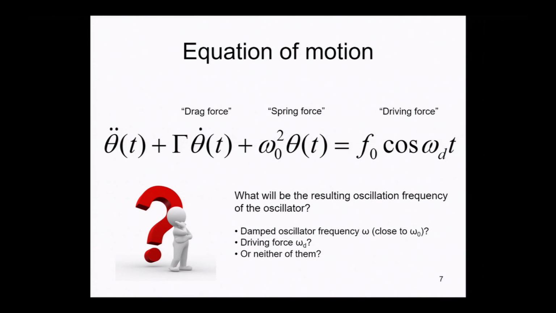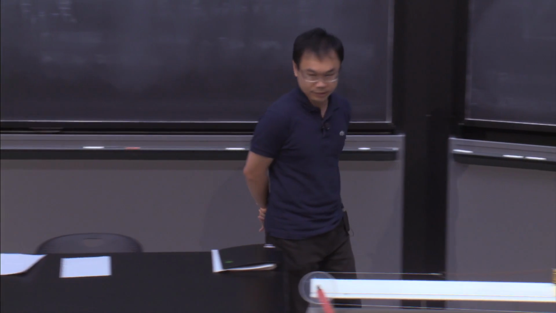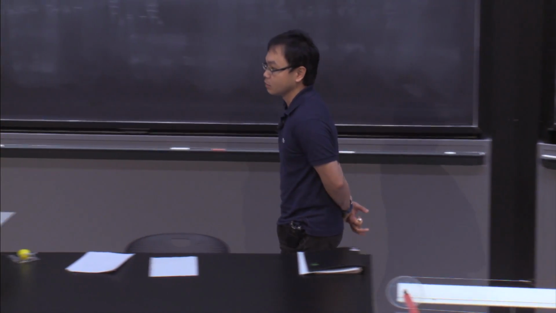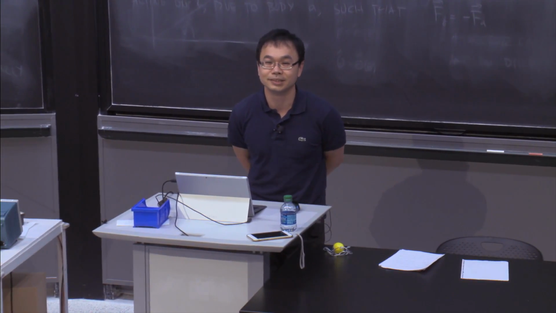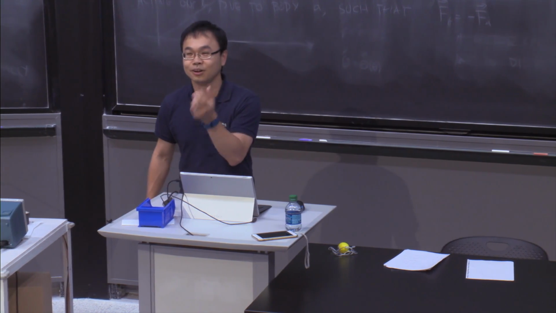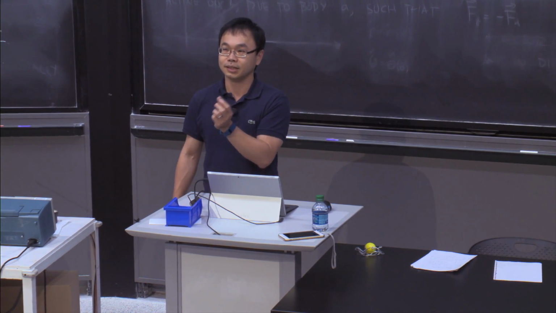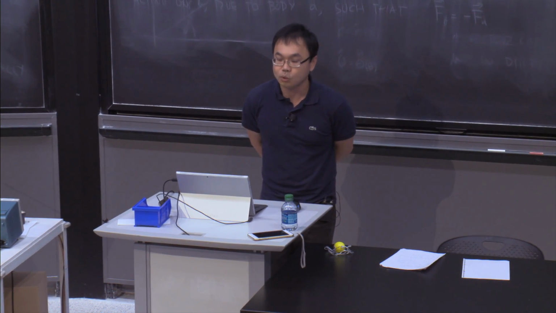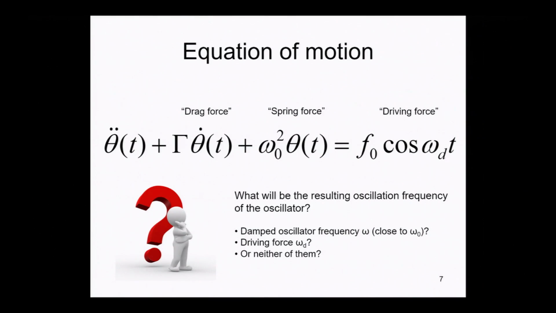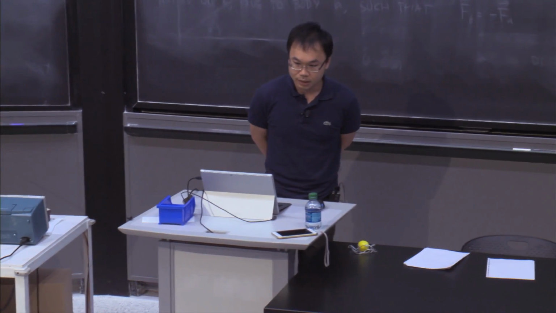Okay, so one question I would like to ask you is: now I bring one more complication to this system. I'm driving this system with a different frequency, which is omega d. What will be the resulting oscillation frequency of this driven harmonic oscillator? What is going to happen?